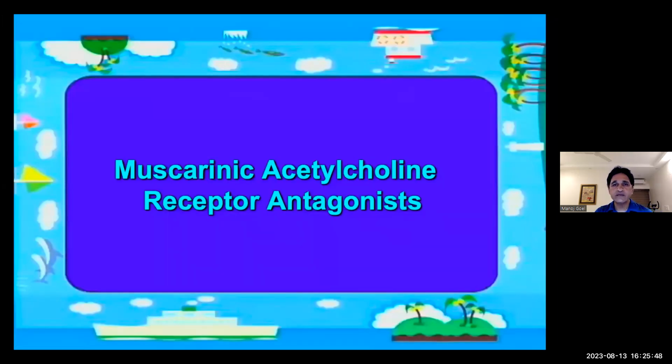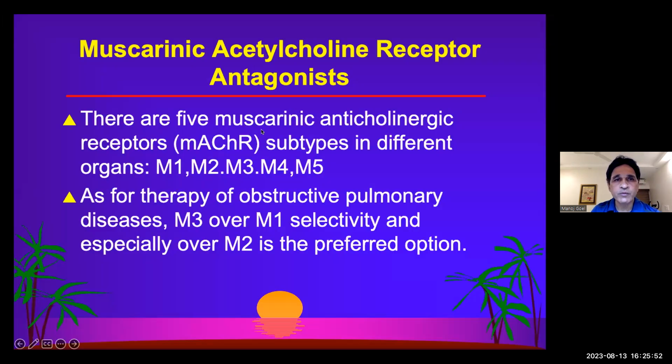Coming to the muscarinic acetylcholine receptor antagonists. In the human body, there are 5 muscarinic receptors, which are named M1, M2, M3, M4, and M5. And for therapy of obstructive pulmonary disease, M3 or M1 selectivity, and especially over M2, is the preferred option. We have a large number of M3 receptors in the bronchial smooth muscles.